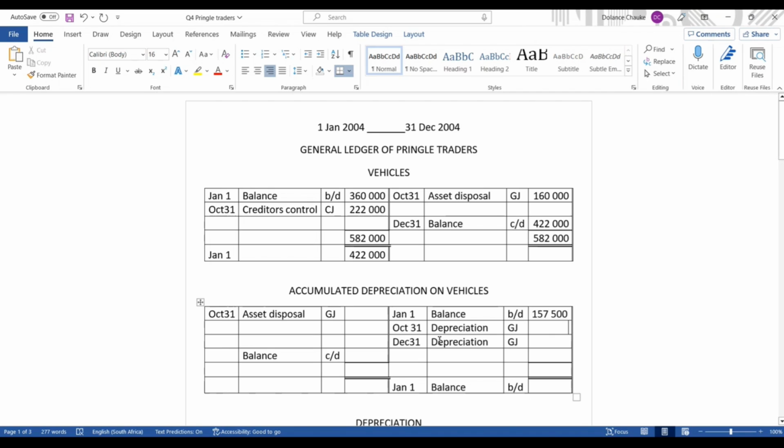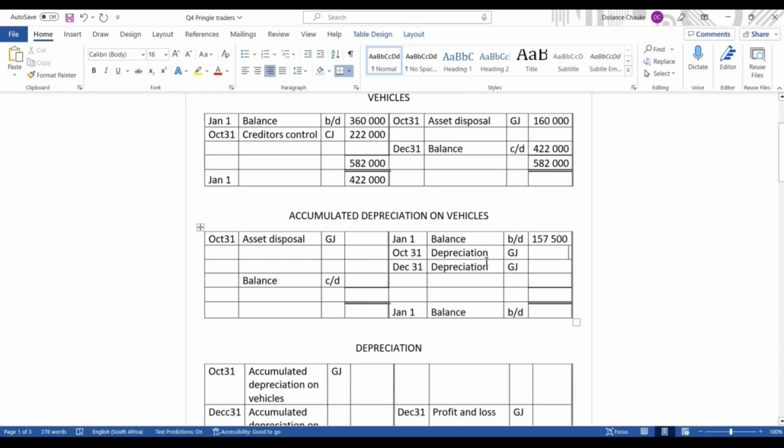Am I clear? We're going to look at the depreciation that we calculated for the vehicle that was there from the 1st of January until the 31st of October. That is the disposed one. How much is it? Guys, remember the disposed. Let's go down there.